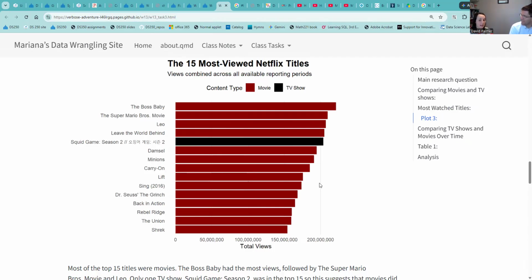So basically what I would say to a Netflix panel is to focus on producing more kids-friendly, family-friendly content, because that's what is actually bringing you views. And if you want to go the route of TV shows, I wouldn't recommend it, because your TV show viewing is dropping. So maybe don't invest all your money on that.